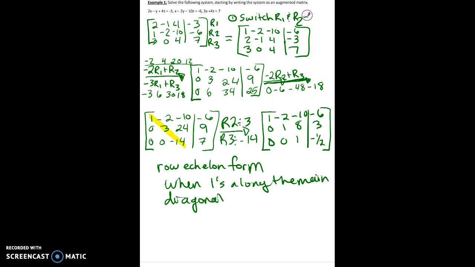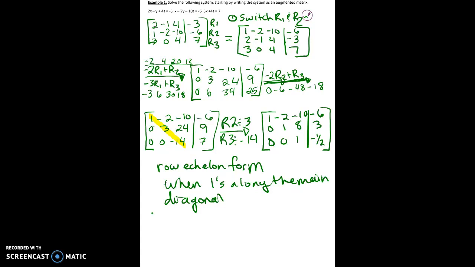So this is in row echelon form. We can actually go even further to something called row reduced echelon form. However, we're not going to do that right now. So if you want, you can rewrite this in the equations that it is and solve just like we did.